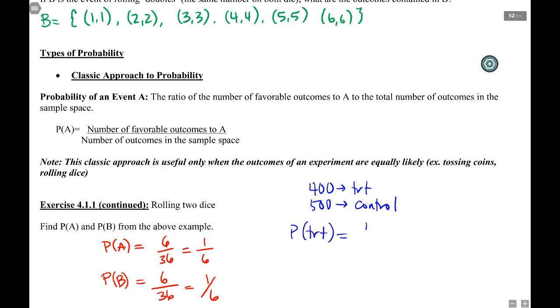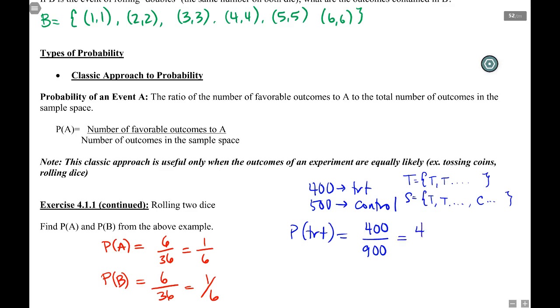Well, there are 400 ways to get put into the treatment group. And there are a total of 900 things that could happen, right? So you could actually think of the treatment category as just treatment 400 times, whereas our sample space would have been treatment 400 times and then control 500 times. So there would have been 900 things in the sample space, 900 possible outcomes, and 400 there.